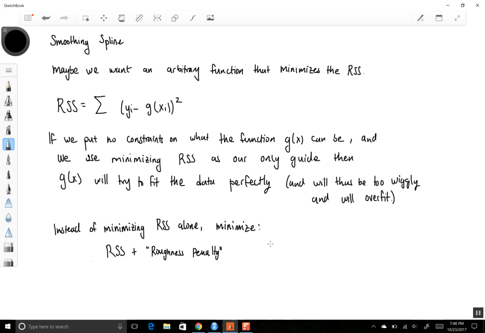This will look something like: you have your RSS term, y sub i minus g of x sub i, plus lambda times the integral of the second derivative of g.